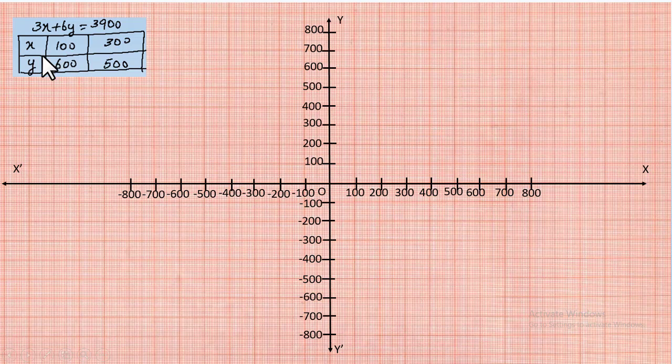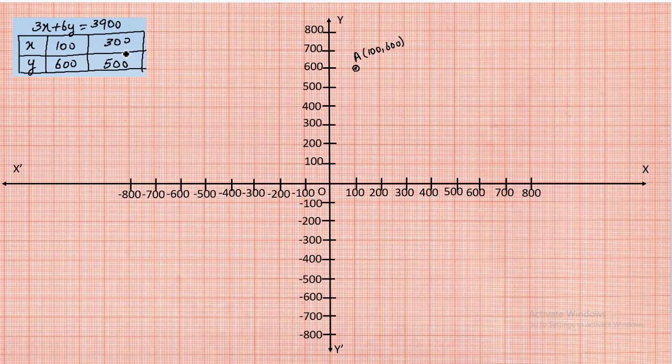So if you look at the table, the first value is at x is equal to 100, we have y is equal to 600. So on x-axis it is 100 and on y-axis we have to look for 600. So therefore we obtain a point here. So let us name this point as A, that is for x equal to 100, y value is 600.